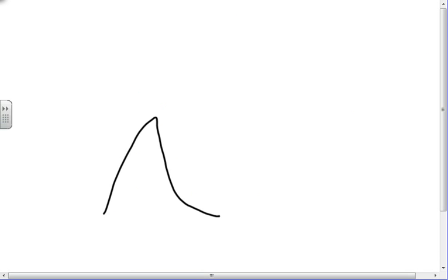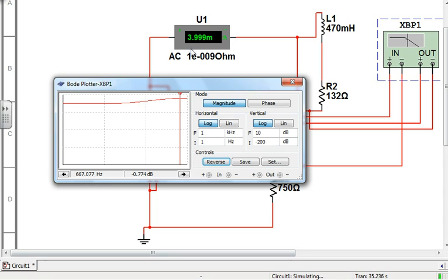Now at higher frequencies, something's wrong. I don't know what it is. At higher frequencies, this guy becomes an open, and at lower frequency, he becomes a short. So why am I doing what I'm doing, I wonder?